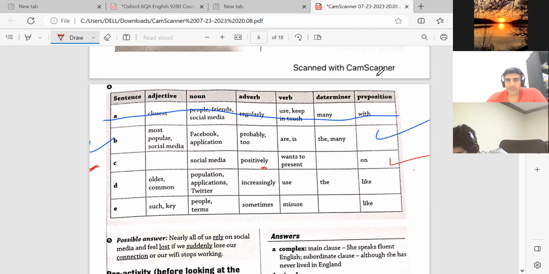Okay, any other questions? Can I change the screen? Now, can you please complete the last question? Copy and complete this sentence adding appropriate nouns, adverbs, adjectives, or verbs to it: Nearly all of us on social media and feel if we lose our Wi-Fi stops working.